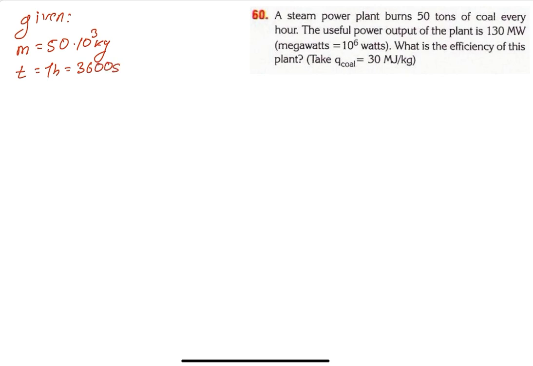And then we have the power, which is 130 times 10 to the power of 6 watts. And then we have the burning constant, which is 30 times 10 to the power of 6 joules per kilogram.